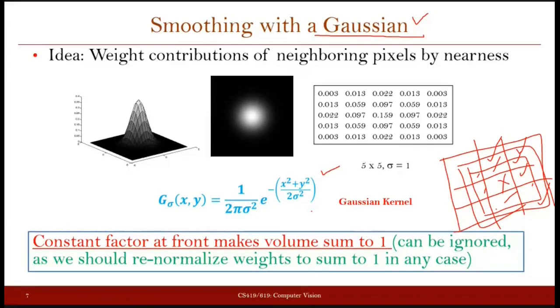If you plot this filter in 2D or in 3D space, you will get an image like this, where at the center you have a peak, and that peak appears at 0, 0.